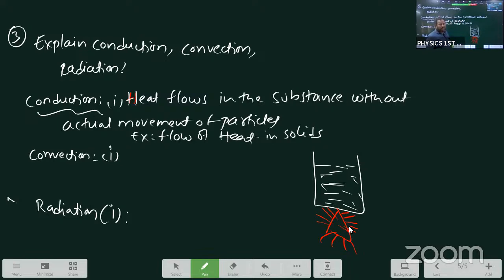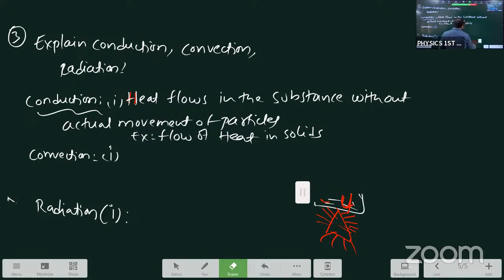When we supply heat in fluids, liquids and gases, collectively we call them fluids, hot water goes up, cold water comes down, like this. Molecules are moving up and down. This is called heat flows in the substance with actual movement.